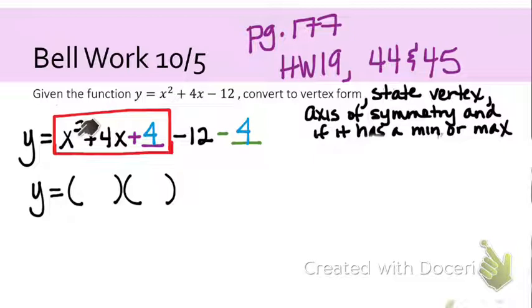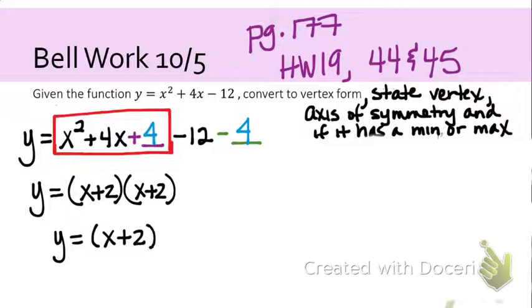Kenna? 2 and 2. Does everyone agree that 2 times 2 is 4 and 2 plus 2 is 4? So this is going to factor down to x plus 2 times x plus 2. But in math, whenever you multiply something against itself, we just give it an exponent. X plus 2 times x plus 2 can also be written as x plus 2 squared.